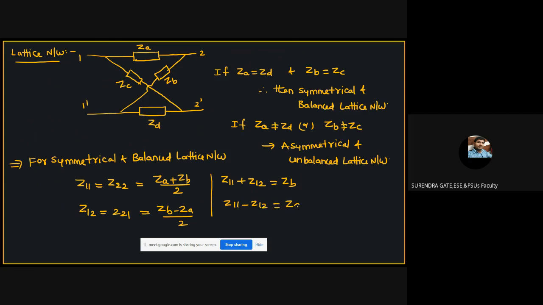ZA. Just add these two, we can get ZB. Subtract these two, we can get ZA. Just that small mathematical calculation you do. Yes, friends, okay, this is about the lattice network concept that you should remember.